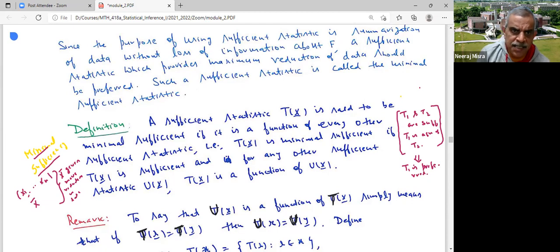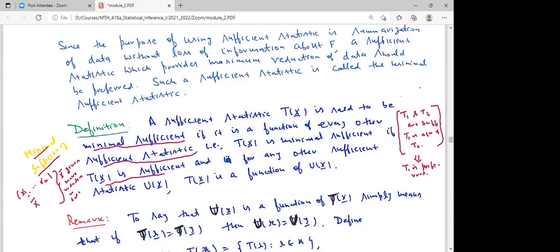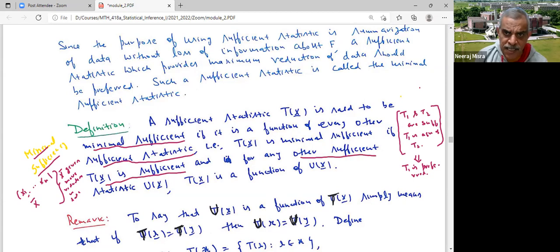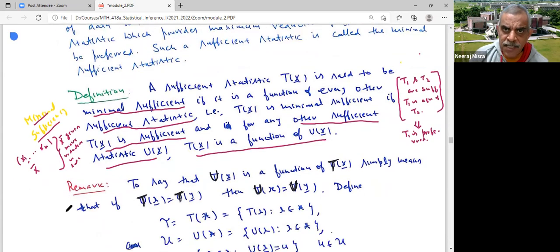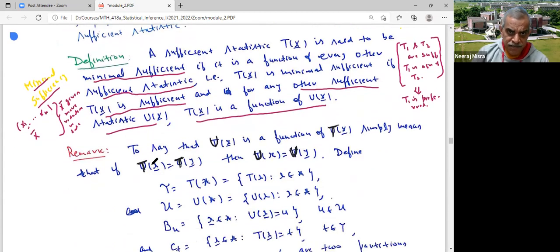So a statistic T(X) is said to be minimal sufficient if it is a function of every other sufficient statistic. That is, T(X) is minimal sufficient if, first of all, T(X) should be sufficient. And if you look at any other sufficient statistic, let us say U(X), T(X) should be a function of it. That is the definition. So what is a minimal sufficient statistic? It is a sufficient statistic which is a function of any other sufficient statistic.